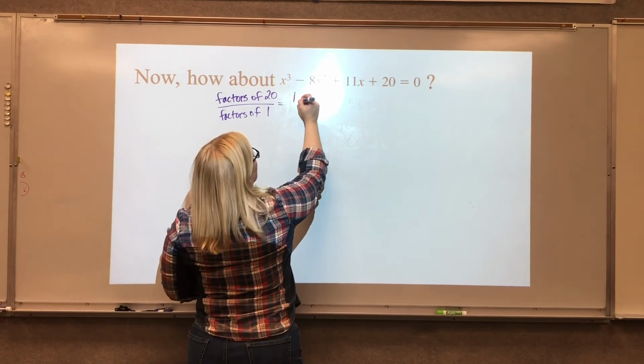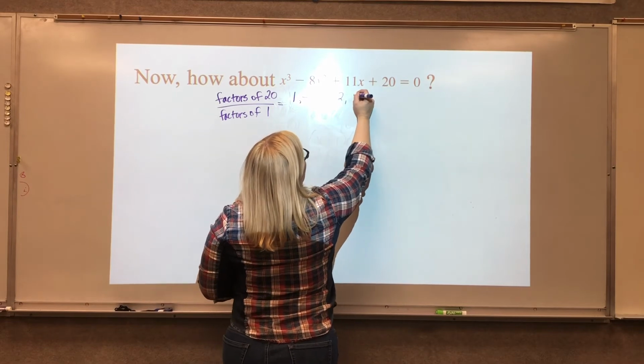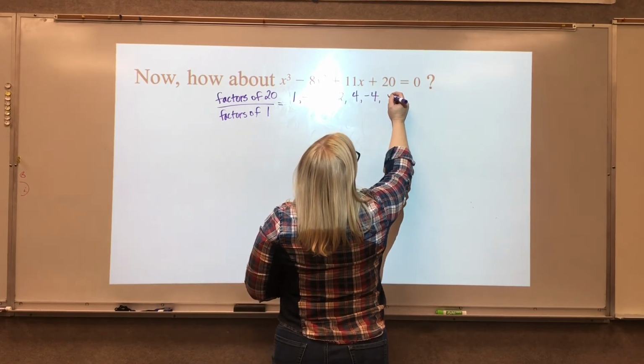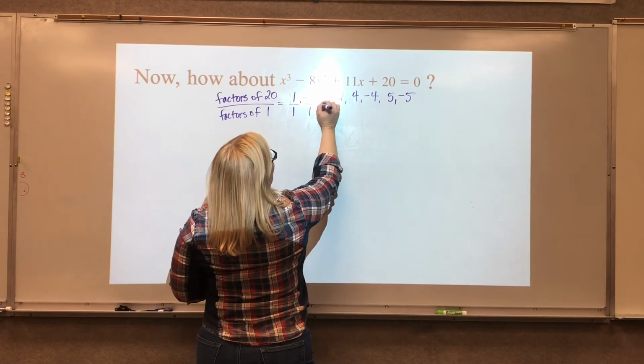So I've got 1, negative 1, 2, negative 2, 4, negative 4, 5, and negative 5. And they're all over 1.